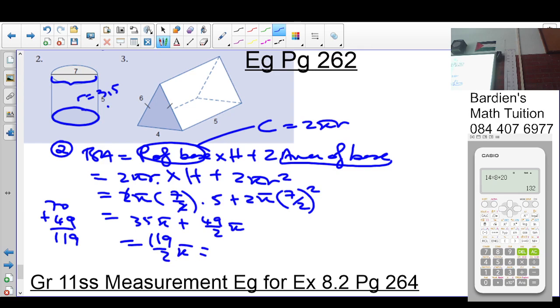Okay, I might be wrong there. Am I right? No mistake. 119 over 2 pi. So it's going to be 186.92 centimeters squared.